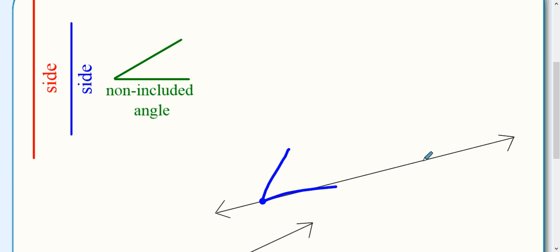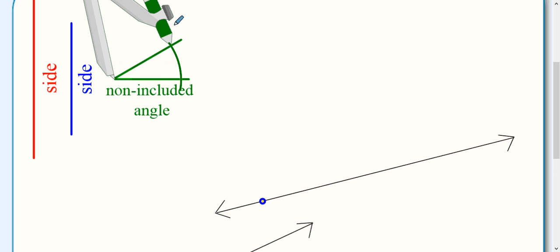We'll build a side off of it, and then we'll build the other side off of that and see if we get a triangle out of it. And we'll do it again and see if we get the same triangle. I'm going to start with the angle. It doesn't really matter, but starting with the angle is a good idea.